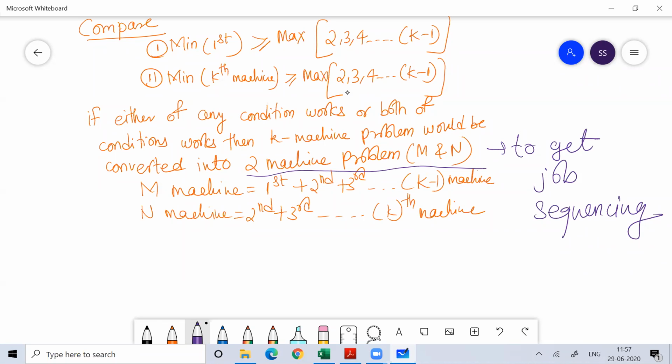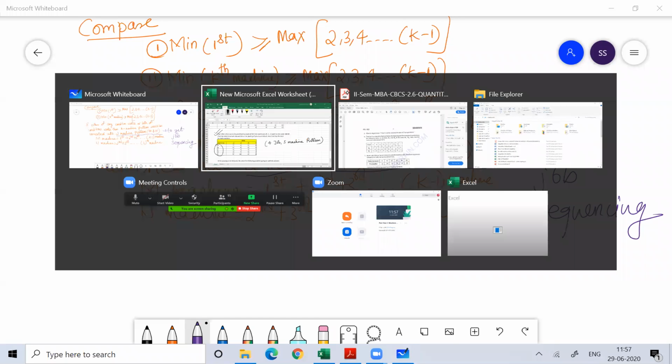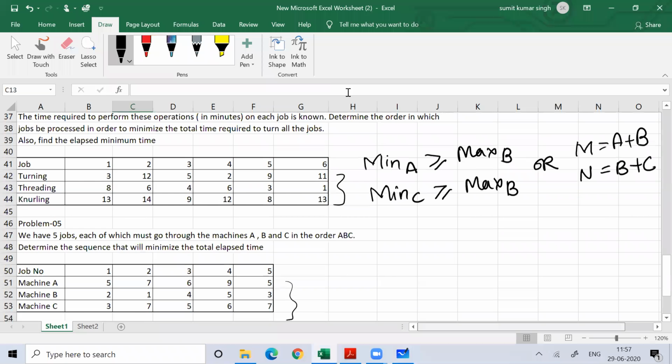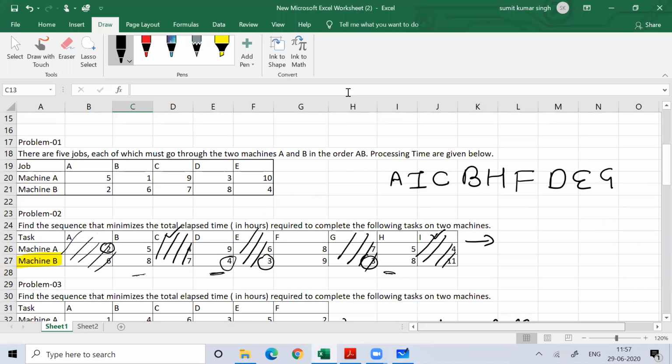You'll convert a k machine problem to a two machine problem. Once you have converted it into a two machine problem, then we need a sequencing: which work should be done when. I've already discussed these things many times before, so that part can be easily worked on.